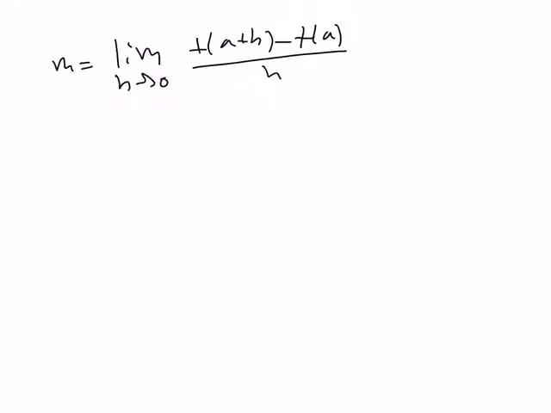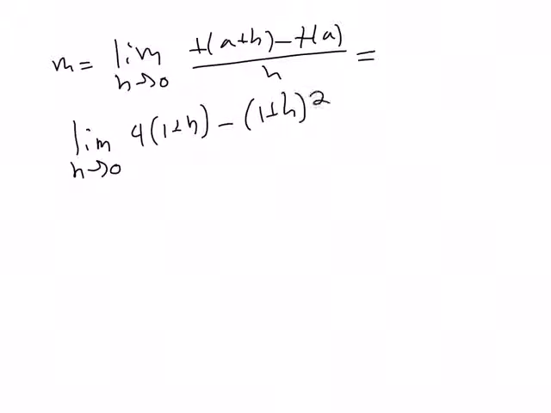So for us, a is 1 and f is 4x minus x squared, so for us this is equal to the limit as h goes to 0 of 4 times 1 plus h, minus 1 plus h squared, minus 3, because we know what f of a is, over h, right?